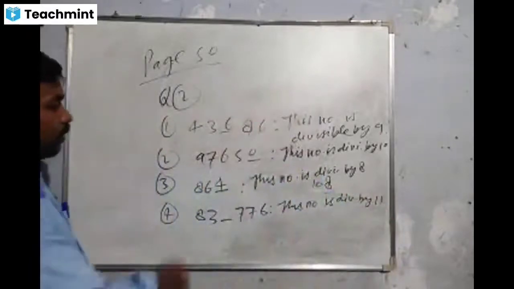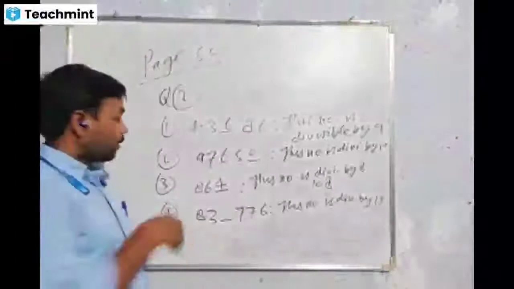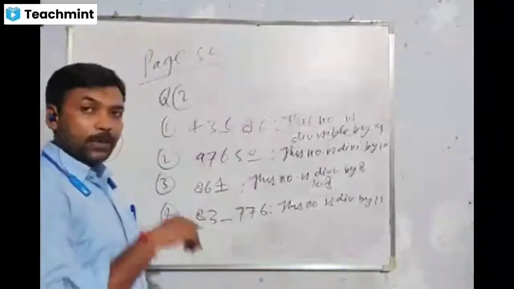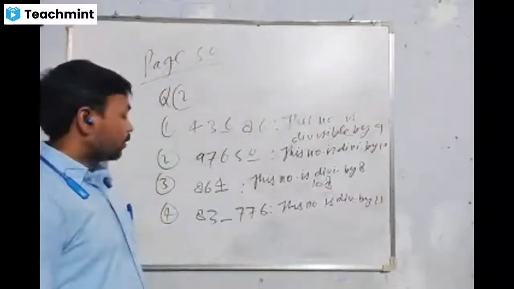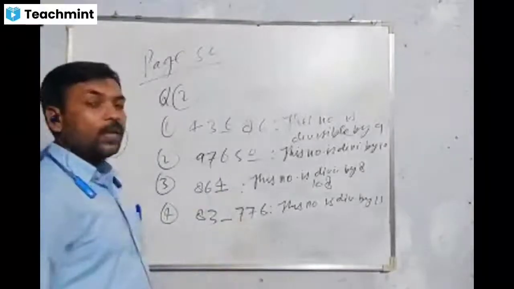So in the case of 11, we have to add the digits at odd places and the digits at even places. If their difference is 0 or a multiple of 11, that is 0, 11, 22, like that, then the number is divisible by 11.